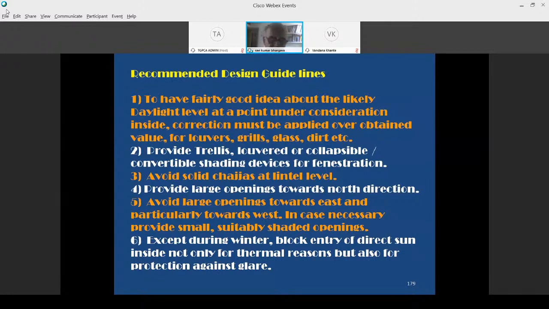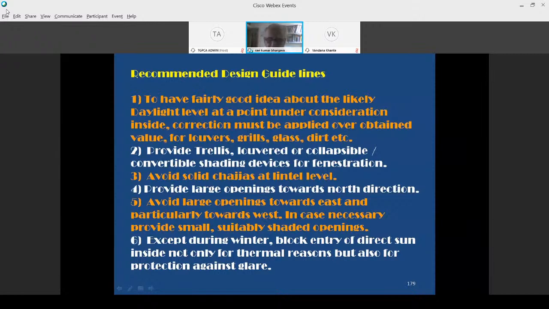Provide large openings towards the north direction and small openings toward hot directions like west and southwest. Avoid large openings towards east and particularly towards west. In case necessary, provide small suitably shaded openings.